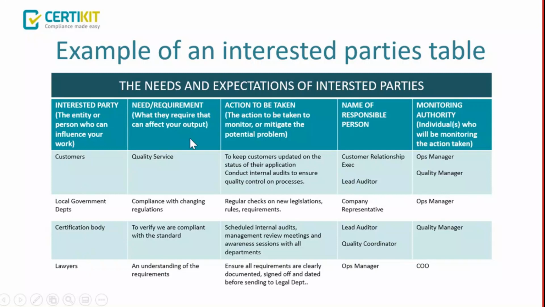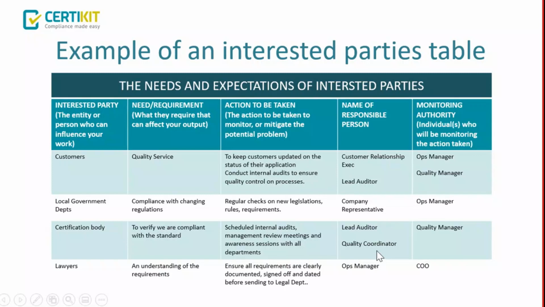I have their need or requirement there. I have the actions that we're going to take to fulfill that need or requirement. I then have the person who's going to do this action to cover this need or requirement. And I've got the person who's going to make sure that this person does that.